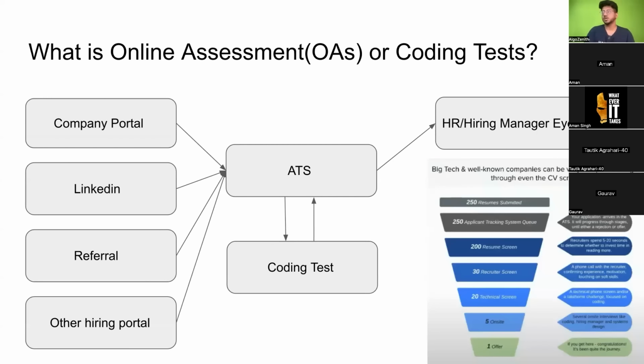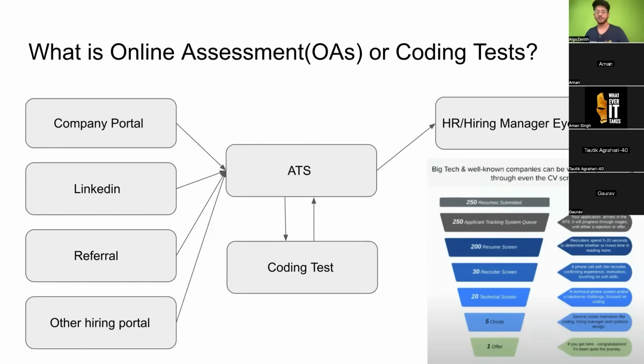Okay. So when people get into ATS, they can create a group and send a coding test to all of them. They will get a coding test link on a particular platform, and then they will get back the score and flagged users and stuff like that. And then they can finally do the shortlist, and then interviews and the HR round, where your resume generally gets seen by HR's eyes.